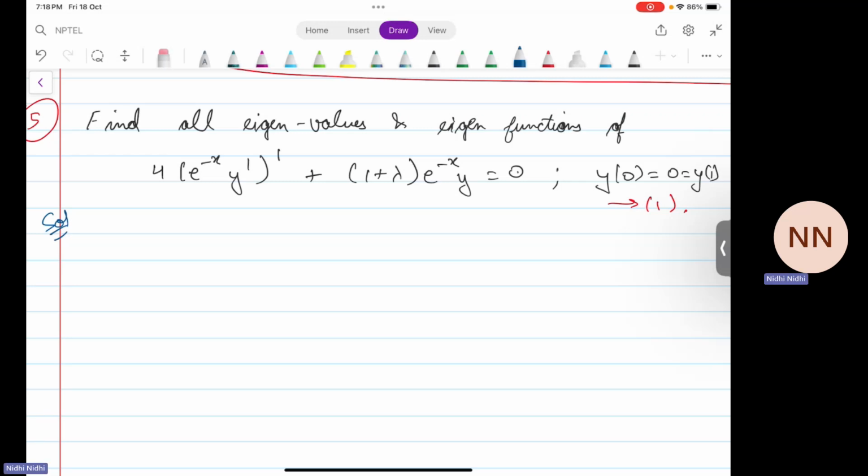So firstly, let us convert this problem into a standard Sturm Liouville type of problem.